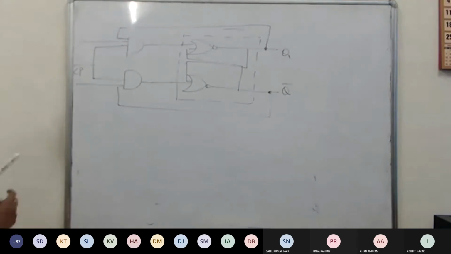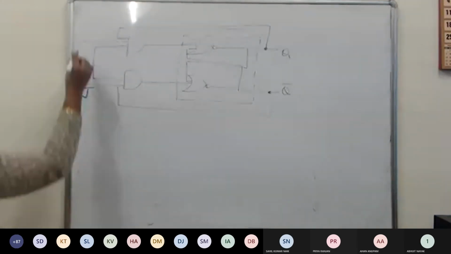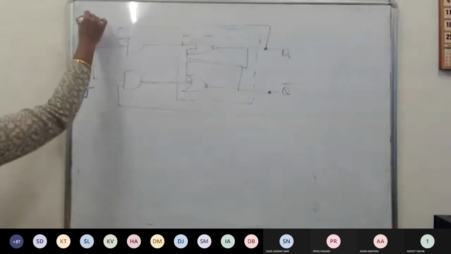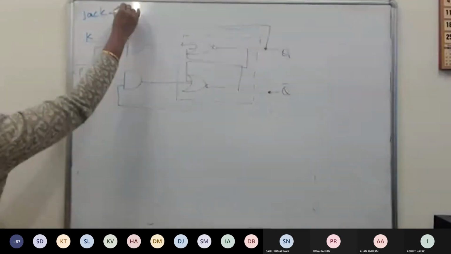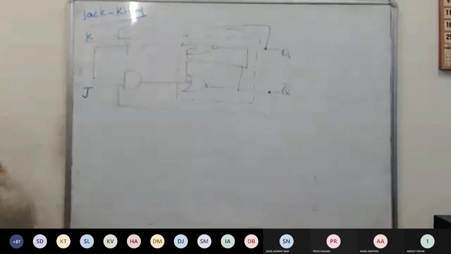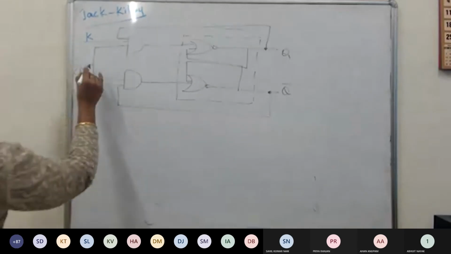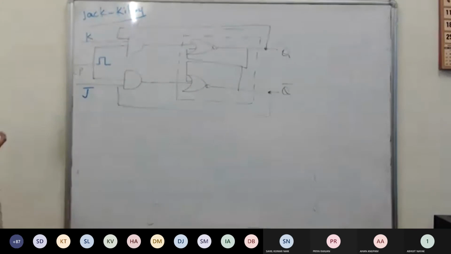So now there are two external inputs, one is J, another is K. Jack and Kilby have proposed it. And for the NOR latch, afterwards we will do the modifications, that's not an issue. Now, the clock pulse as usual is maintained high, and the input circuit is like this.